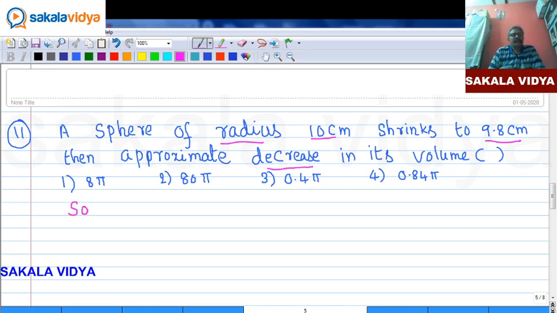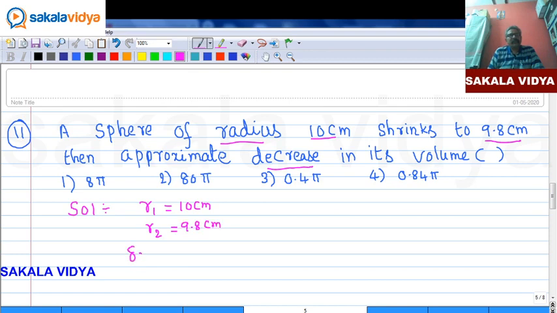So that means first of all initial radius, say initial radius is R1 equal to 10 centimeters. Now it changed to 9.8, that is the final radius, 9.8 centimeters.